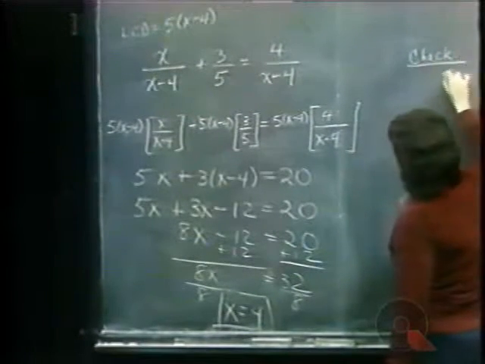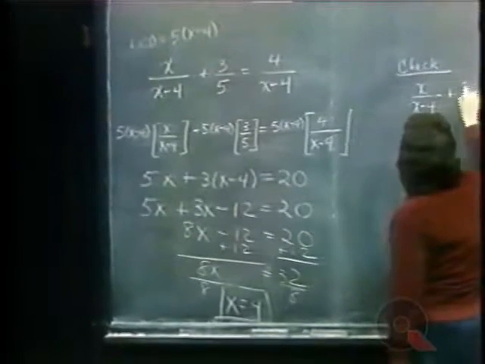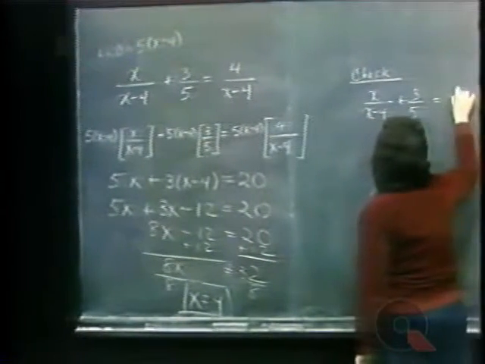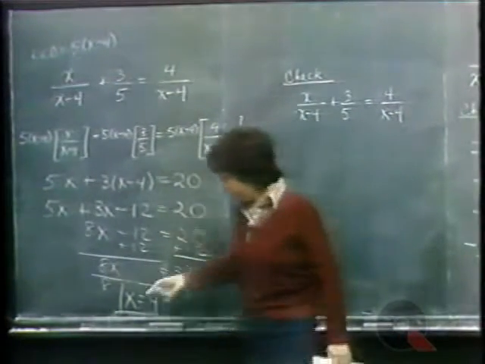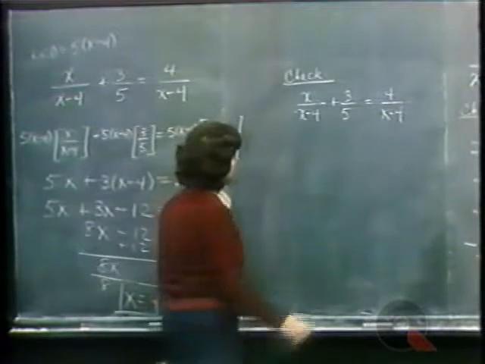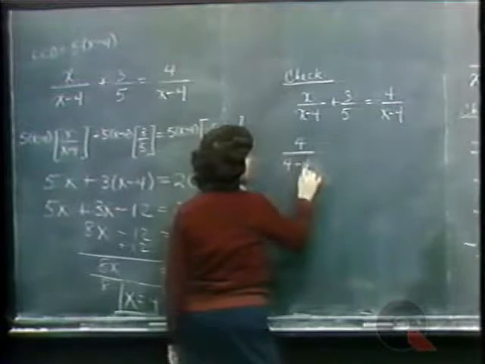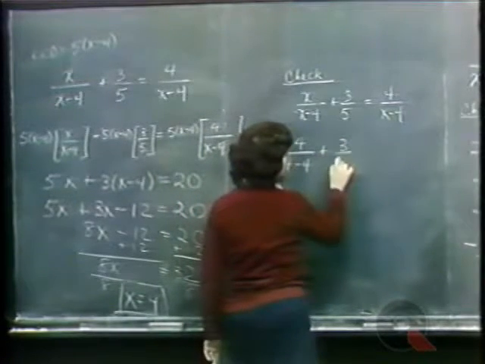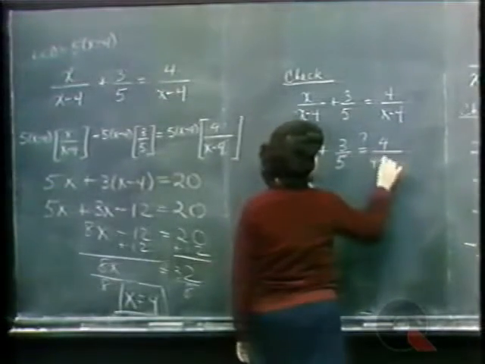We go back to the original equation, which was x over x minus 4 plus 3/5 is equal to 4 over x minus 4. Substitute in the value that we have found, x equals 4, and see if we get it to work out. Okay, so we let x equal 4, and we get 4 over 4 minus 4 plus 3/5 should be equal to 4 over 4 minus 4.